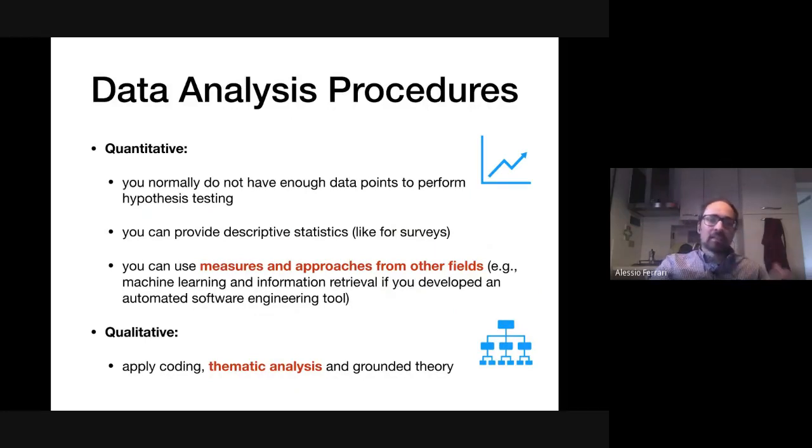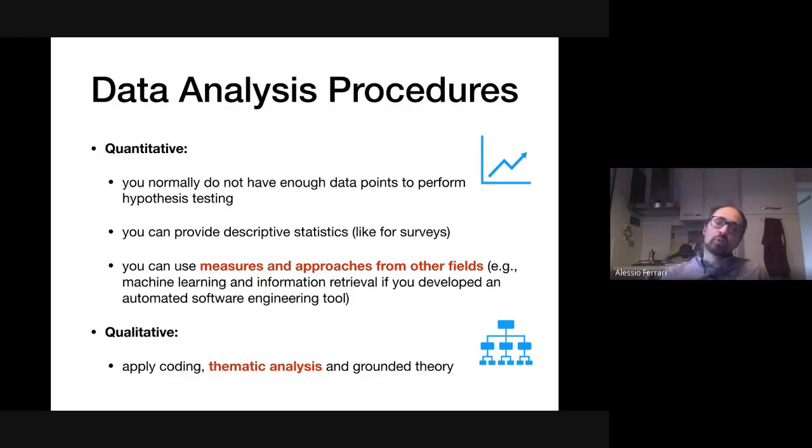After data collection, you do data analysis. We have qualitative data and quantitative data. So for quantitative data, you perform some form of quantitative analysis. Up to now, we've seen quantitative analyses that are mostly hypothesis testing. Of course, here it is very rare that you have enough data points to do hypothesis testing.